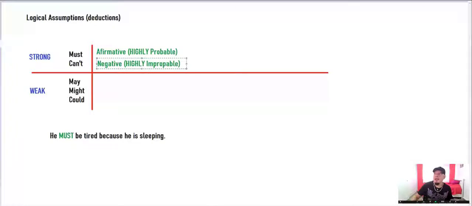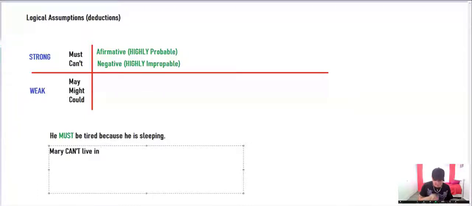So that it is not really probable that that thing happened. Another example would be, let me do this one. For example, if you say, Mary can't live in Mexico.